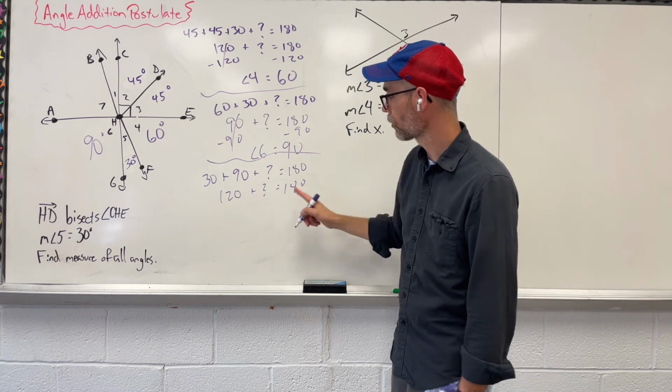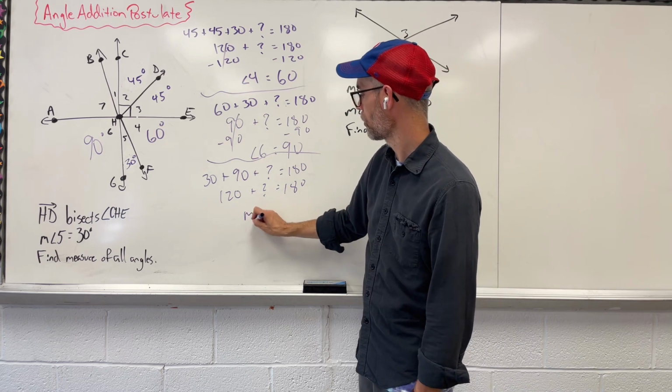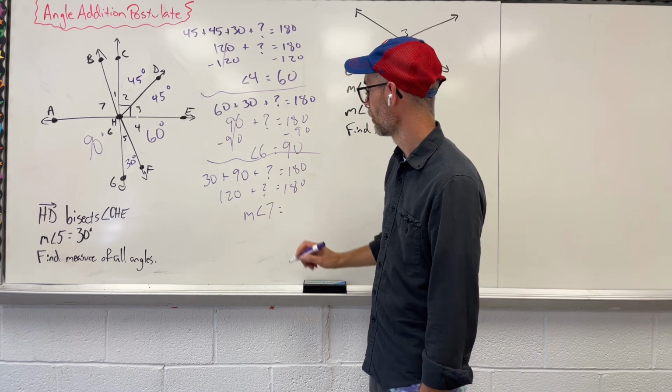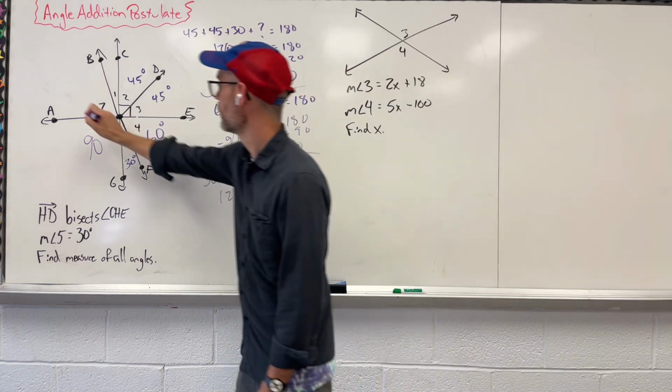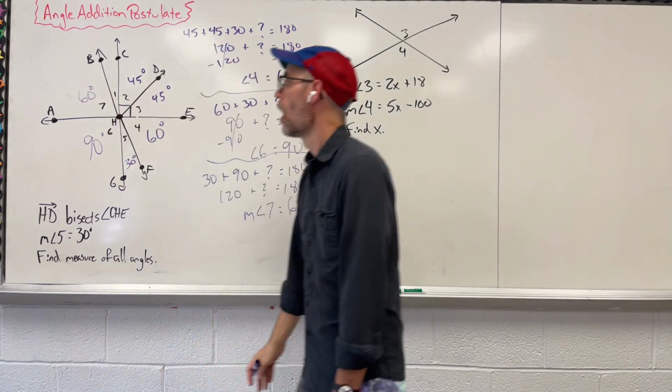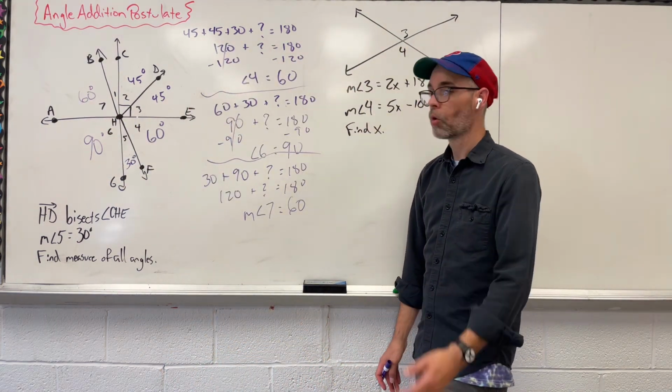Well, if we subtract 120, the measure of angle 7 is 60. So, 60 degrees.